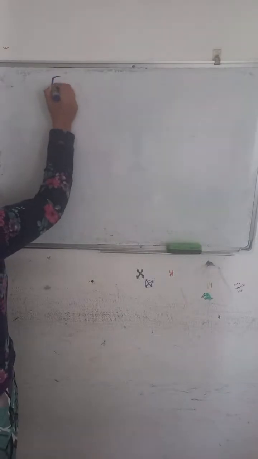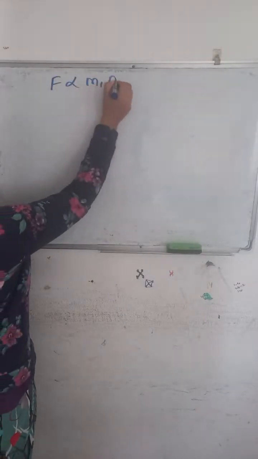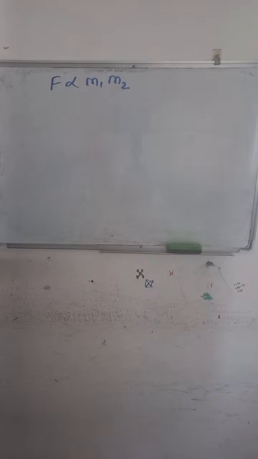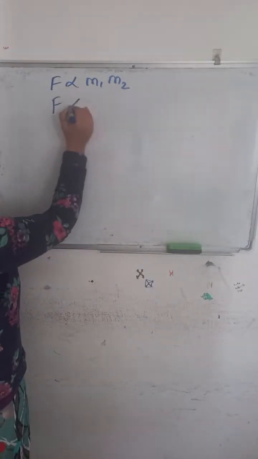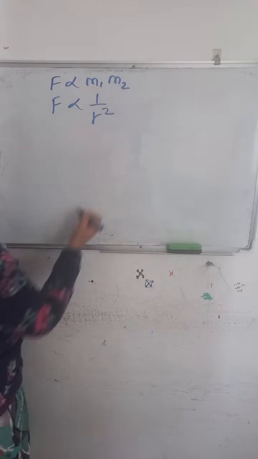That force of attraction is directly proportional to the product of the masses. F is directly proportional to m1 and m2, because the force of attraction is between two bodies, and the force is also inversely proportional to the square of the distance between them.